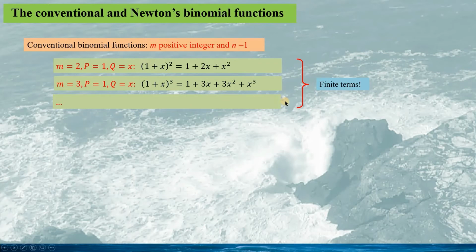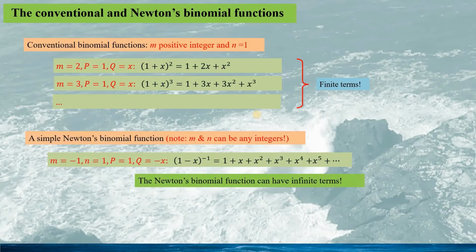So all these functions have a common feature. They have finite terms in the expression. However, for Newton's binomial function, the integers m and n can be any value. Both can be positive and negative.